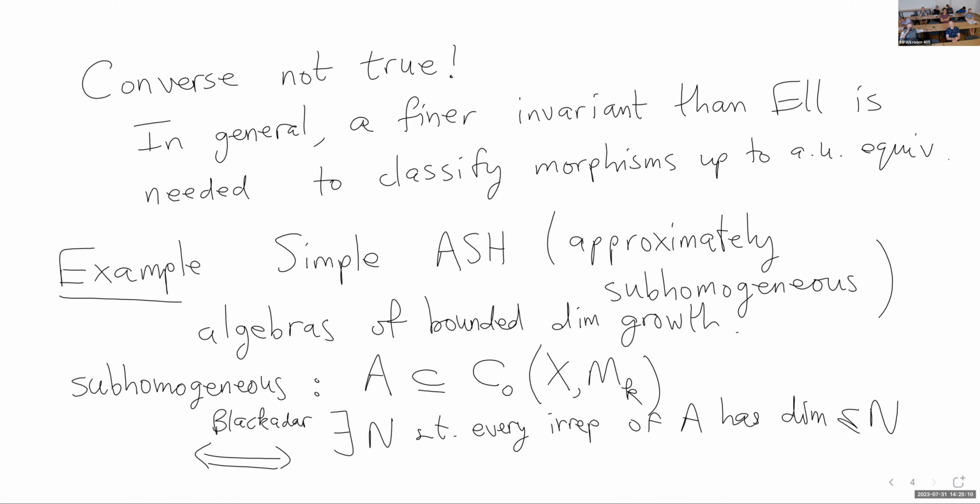So the domain doesn't have to be simple, for example. You can classify morphisms from a commutative C-star algebra into something. So it's about classification of arbitrary algebras in your given class. Yeah, that's the way it seems to work out. Okay, so that's what subhomogeneous means.